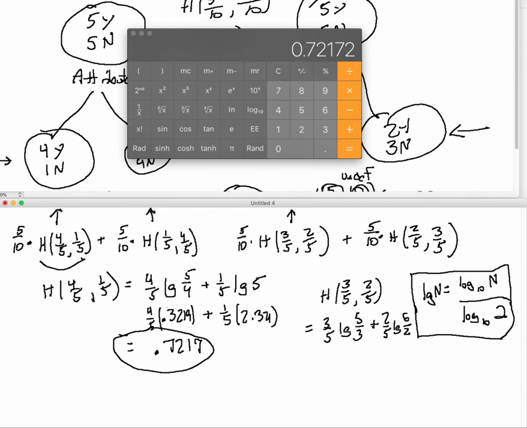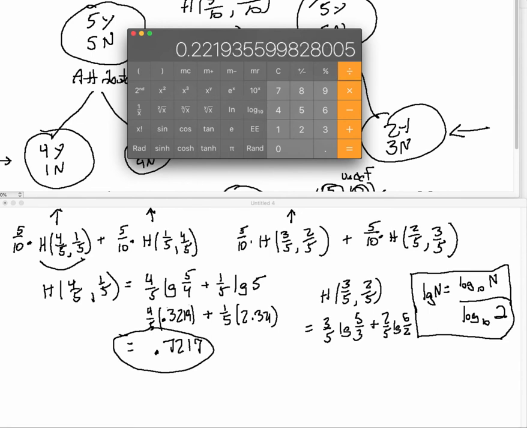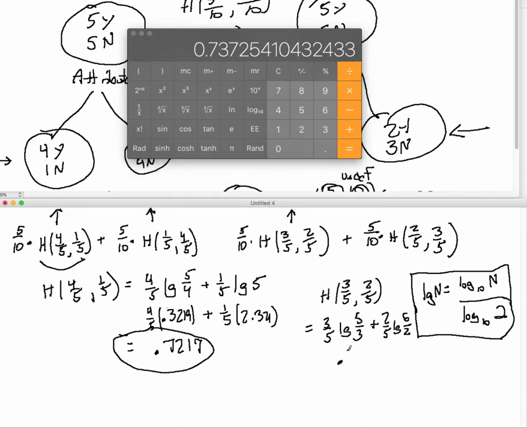Okay, and again, I'm going to come over to the calculator. So 5/3 is 1.667. I'm going to take the log of that and divide it by memory recall, and that is equal to 0.7325. So that is 0.7372, and I have to multiply that times 3/5, plus 2/5.